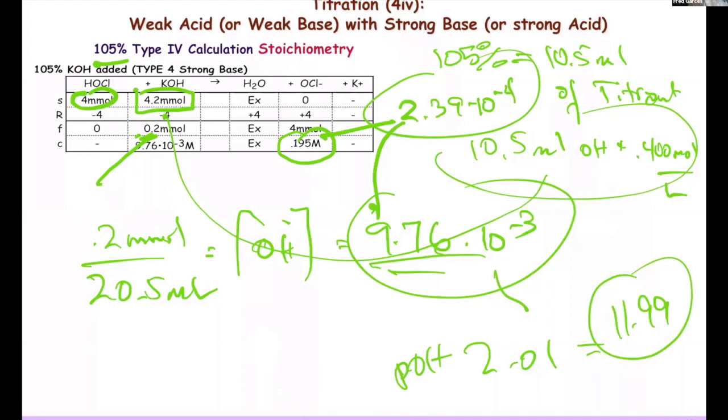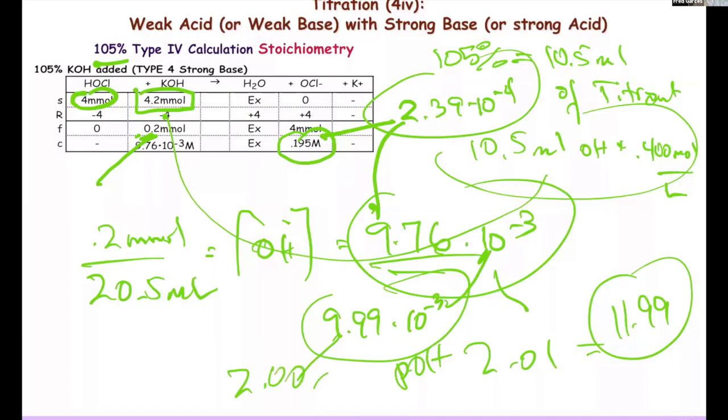If we add those two up, I'm going to take 9.76 times 10 to the minus 3 and add 2.39 times 10 to the minus 4. When I add that up, it's still 9.99 times 10 to the minus 3. It really didn't change that number very much. And when I take the negative log of that, this now becomes 2. And the pH of the solution is still about 12.